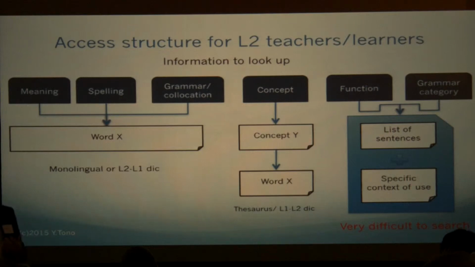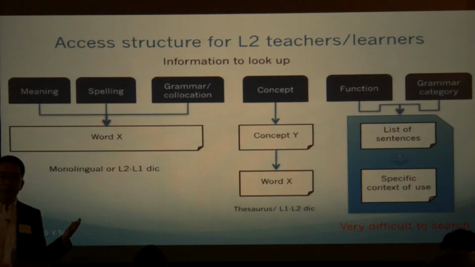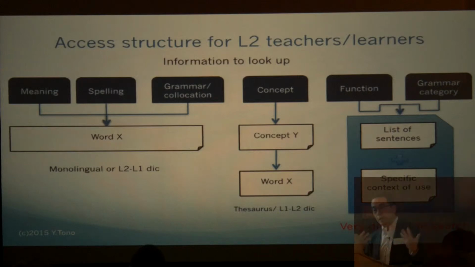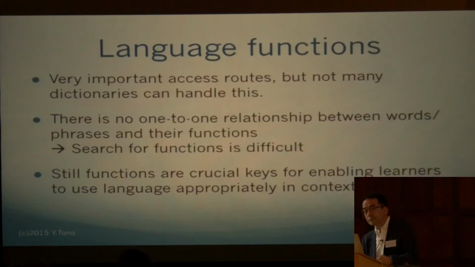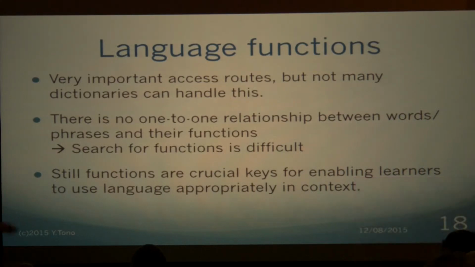That kind of language function is very difficult to search in a dictionary. So language functions are very key for us language learners to search for particular language items in the dictionary. There's no one-to-one relationship. That is the problem. So functions are still crucial keys for enabling learners to use language appropriately in context.